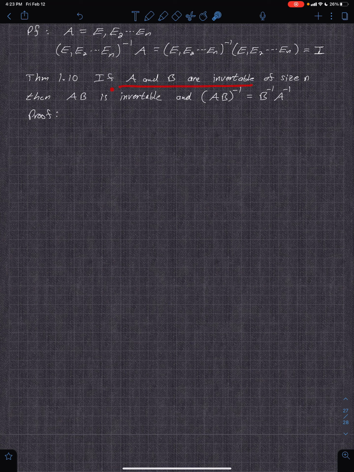So it's if this is true, then this is true. You have to assume the hypothesis and then show the rest. If the first part's false, then you could say anything you want. So again, assume A and B are invertible.